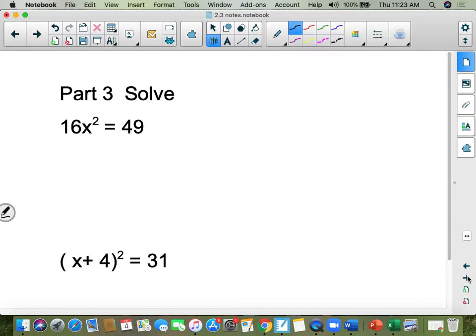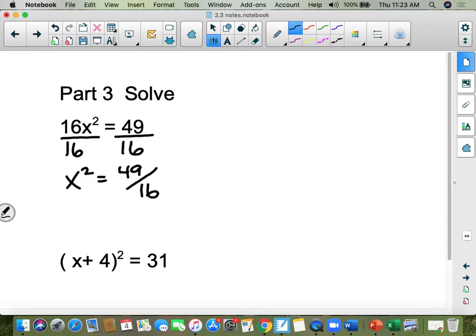The second way to solve a quadratic equation is just eliminating the squared part, by dividing both sides by 16. This is a different way to solve it. So I divided both sides by 16.